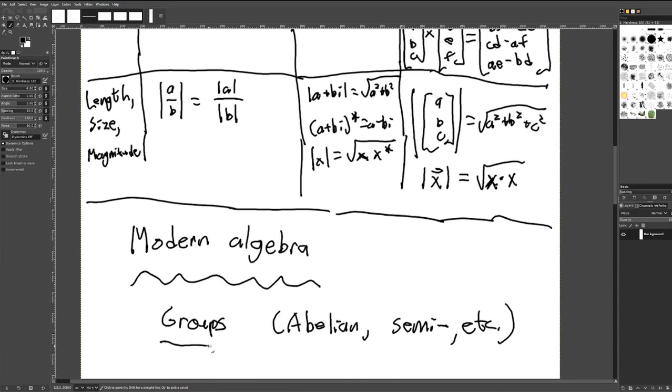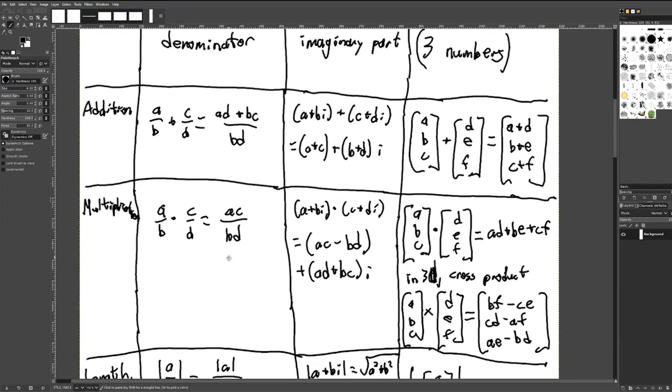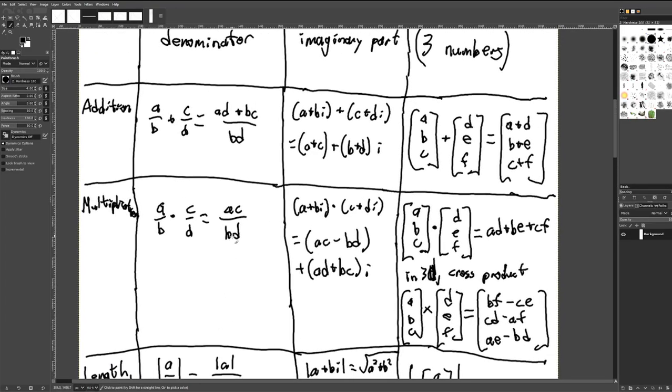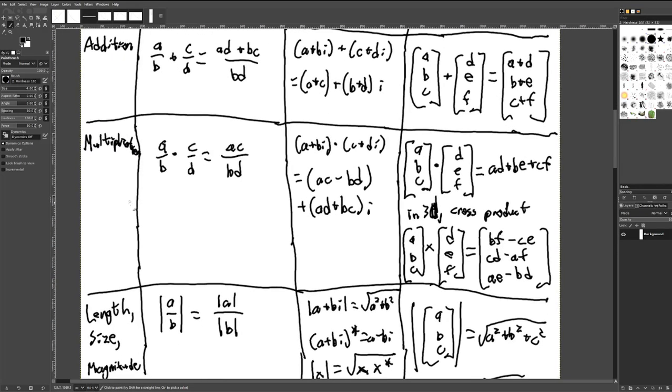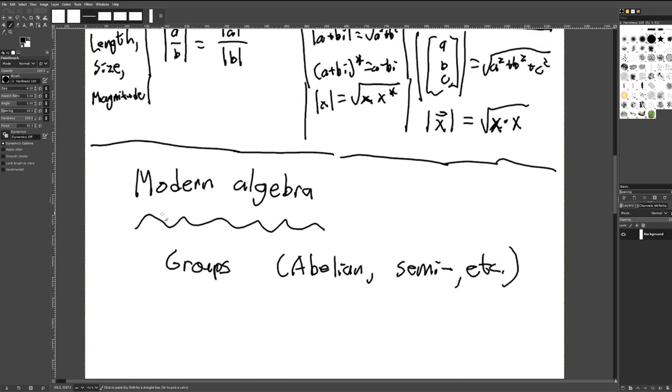If you just say how it forms a group, then you can use that same code. And so things get really extensible, just by defining how things implement these operations of addition, multiplication, magnitude, and so on. So that's about all.